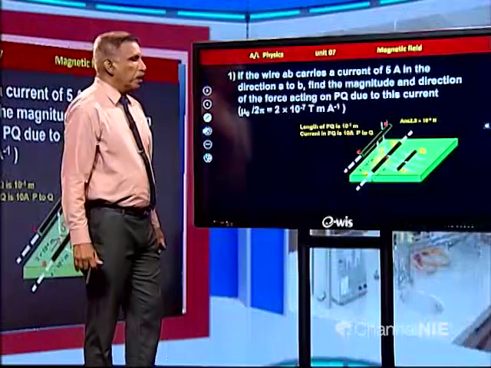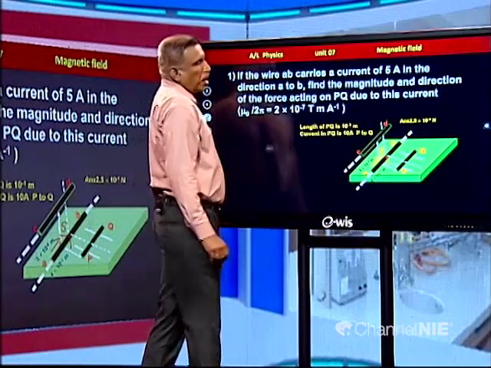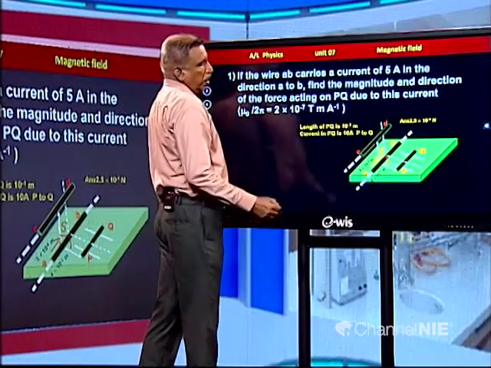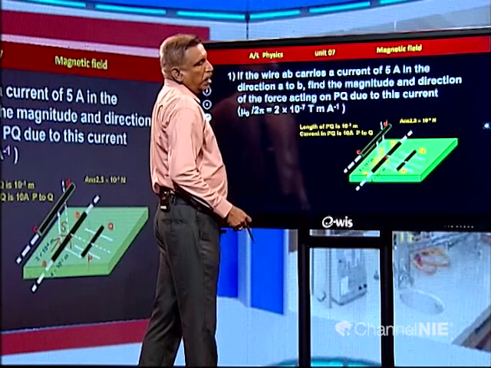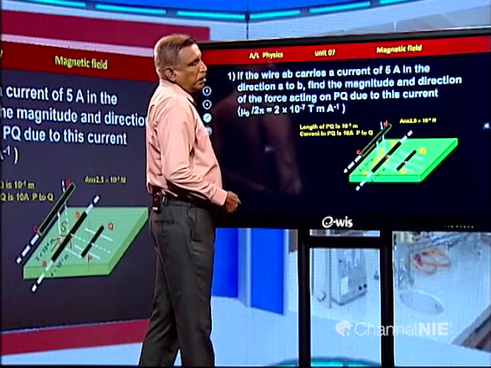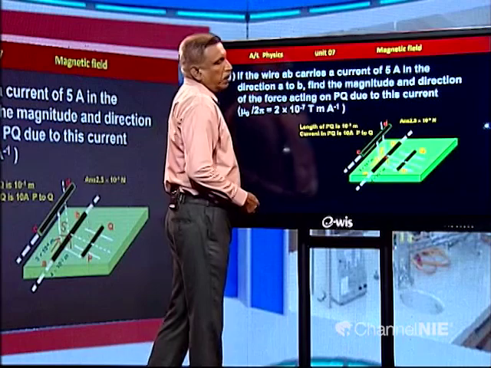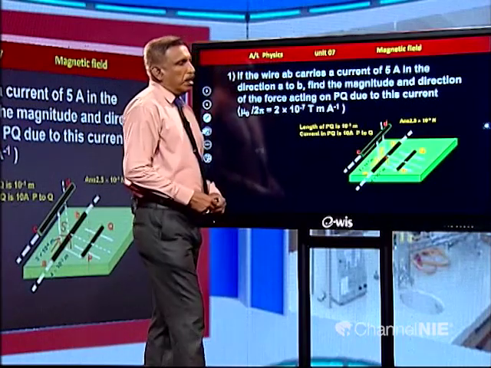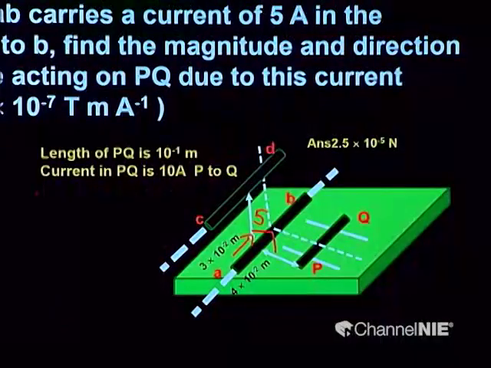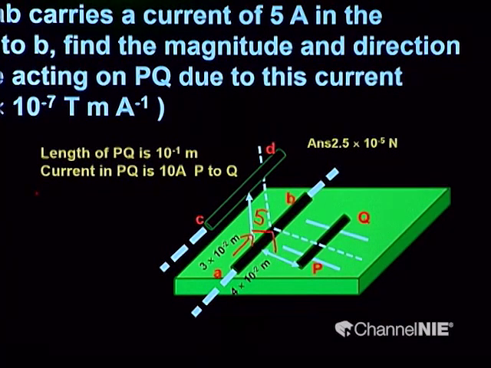So, when the current passes through the conductor AB, we can find the magnitude of this magnetic field. First, we want to find the direction of the magnetic field. So, use the right hand grip rule: use the right hand, the thumb indicates the direction of the current and the fingers indicate the direction of the magnetic field.